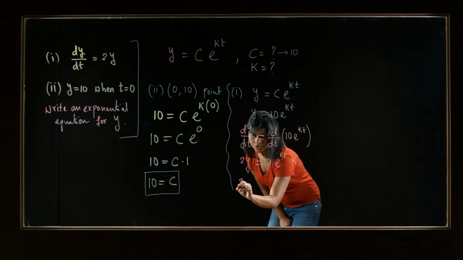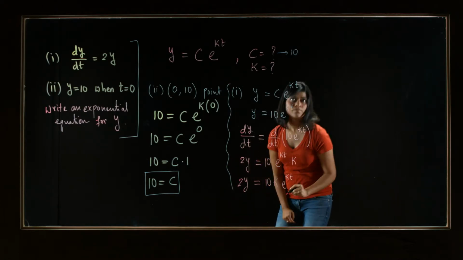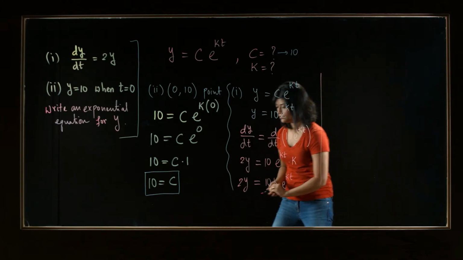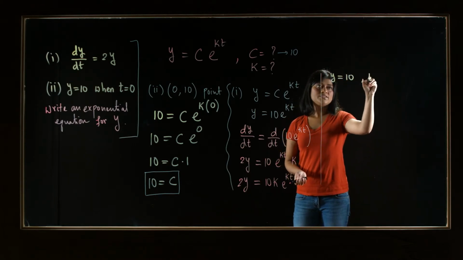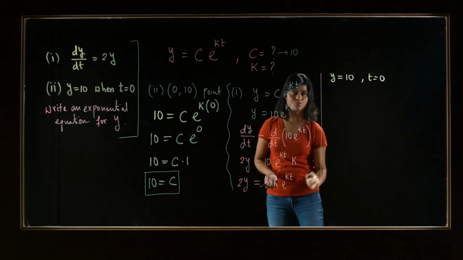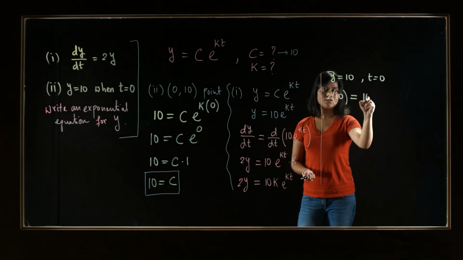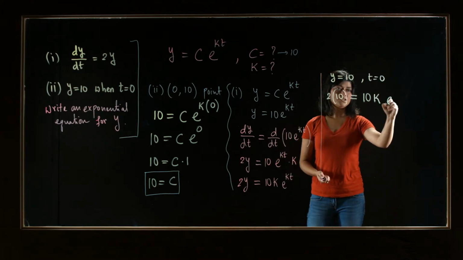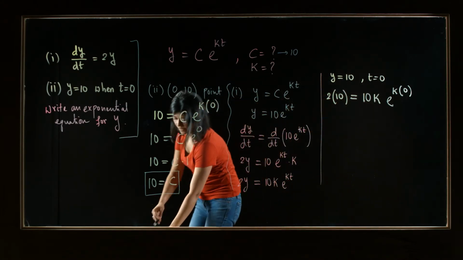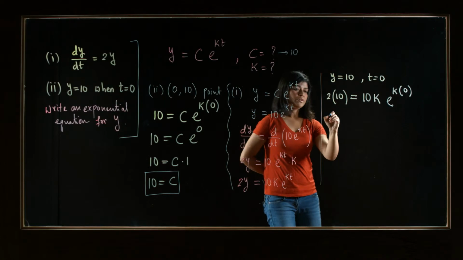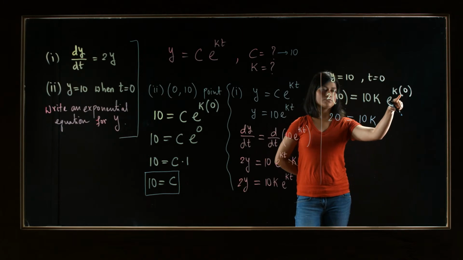So let's rewrite this one more time. We know y is 10 when t is 0. Plug that into the equation. So 2 times 10 is equal to 10k e to the k times 0. So 20 on the left, and on the right hand side 10k, and this is e to the power 0, which is just 1.